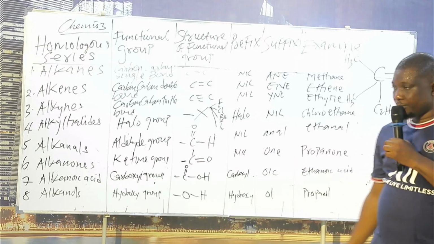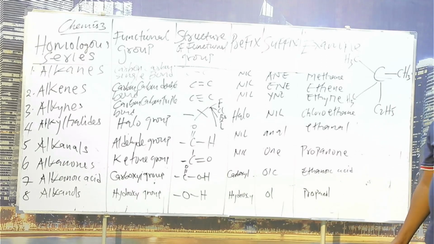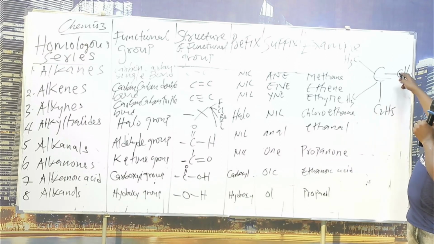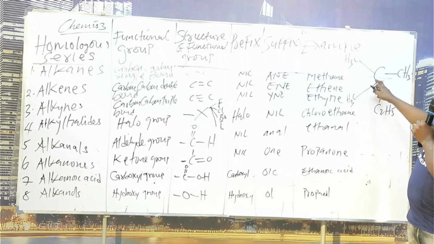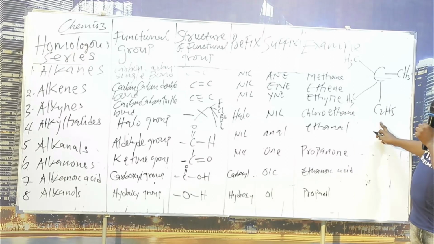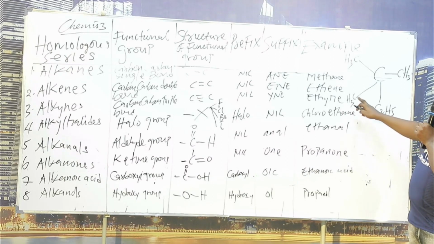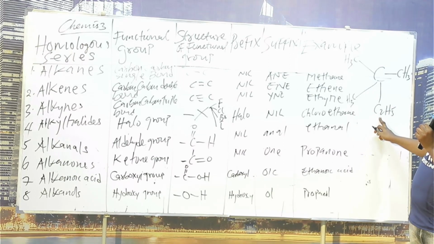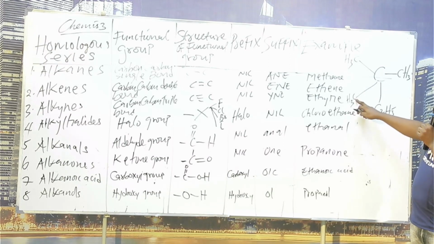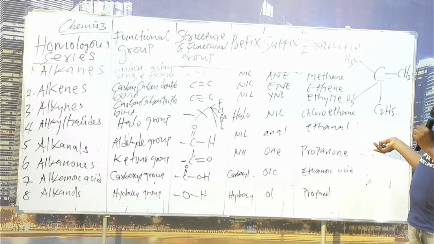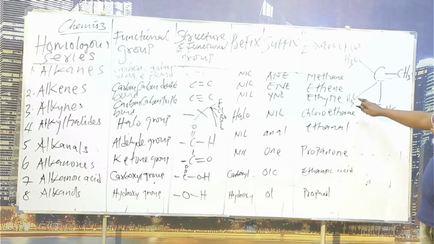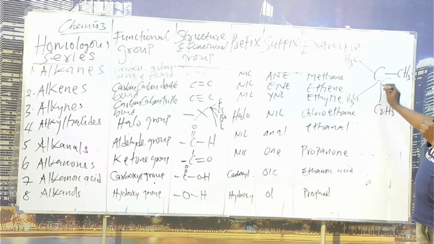The name is from the long chain. Look to see where the chain appears to be longer. Is it 1, 2, 3, or 1, 2, 3, 4? Let me count from here: 1, 2.